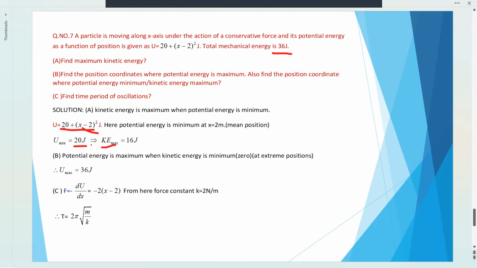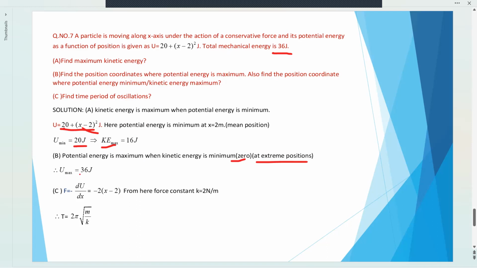Coming to the second one, find the position coordinates where potential energy is maximum. We know potential energy is maximum when kinetic energy is minimum, that is at the extreme position. At the extreme position, kinetic energy is zero, so total energy is purely potential.